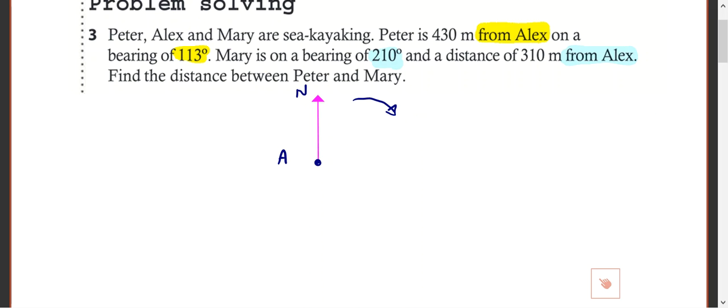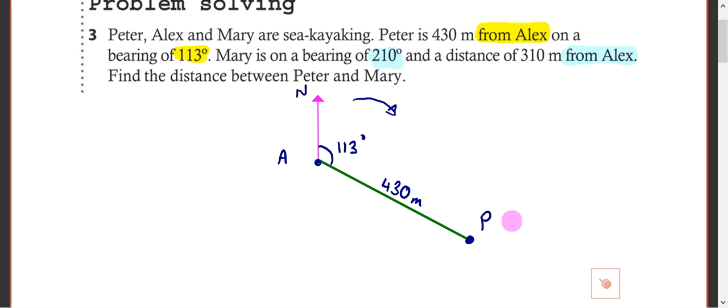So what that means is that Peter is on a bearing of 113, so we start from north and we turn clockwise. My 113 degrees is like that, and this line is 430 meters, and that is where Peter is.